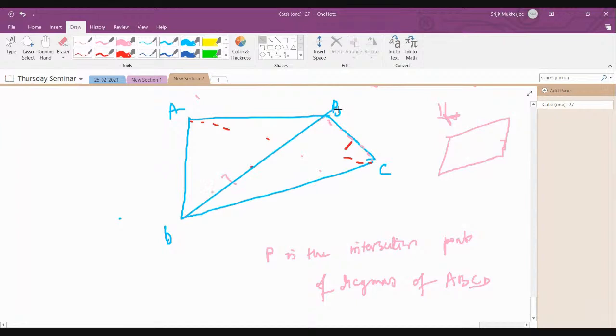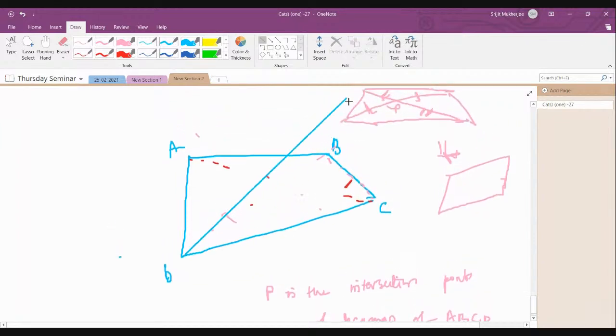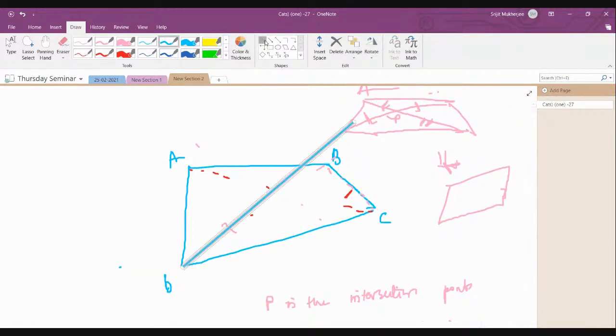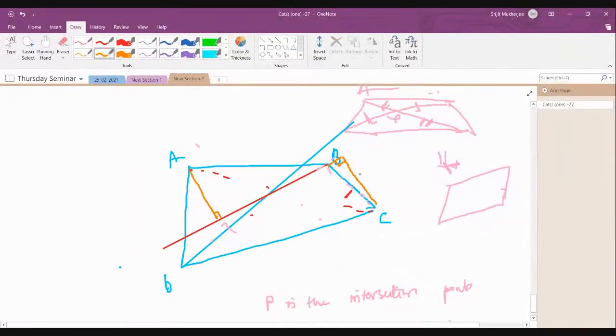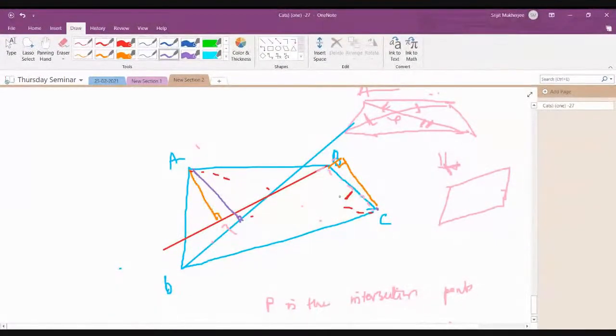Let's try that. Suppose we are trying to find a point where they're intersecting, such that this parallel line, this is such a point, and we are also trying to find this, such that this is such a point.